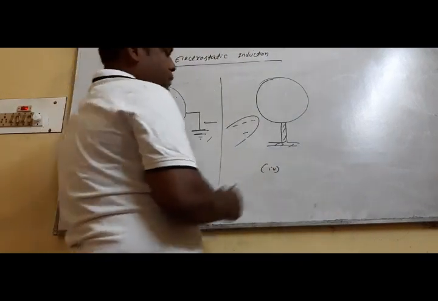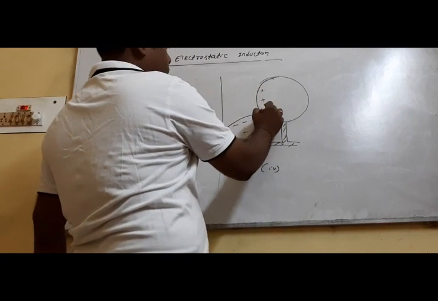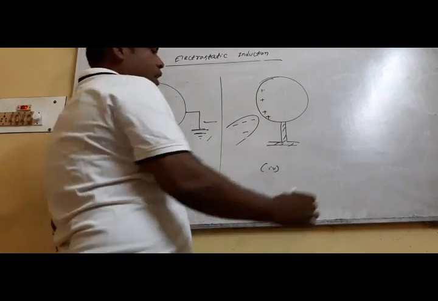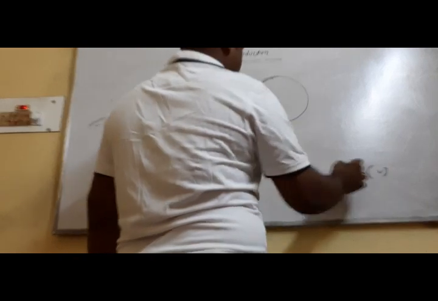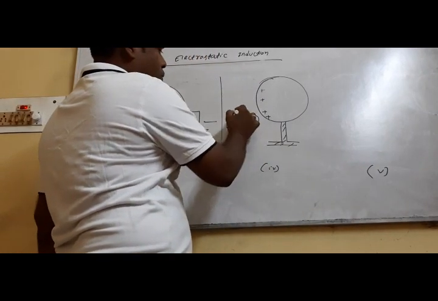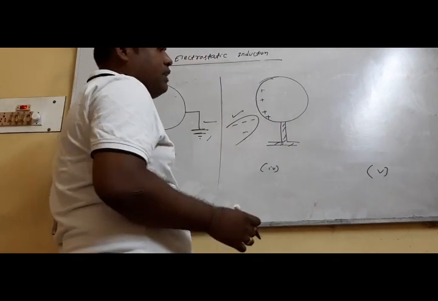So in the fifth step, here there is positive charge as before. Now what will we do? We have to move this charged body away from this conductor.